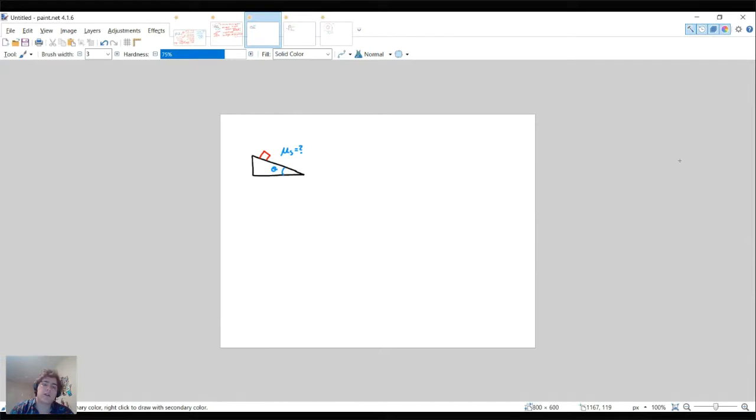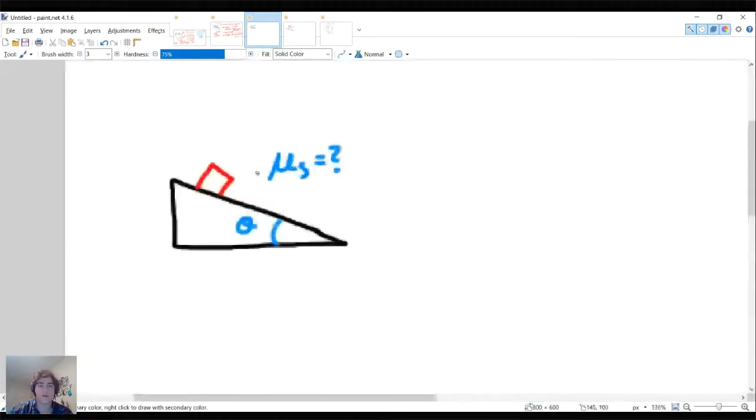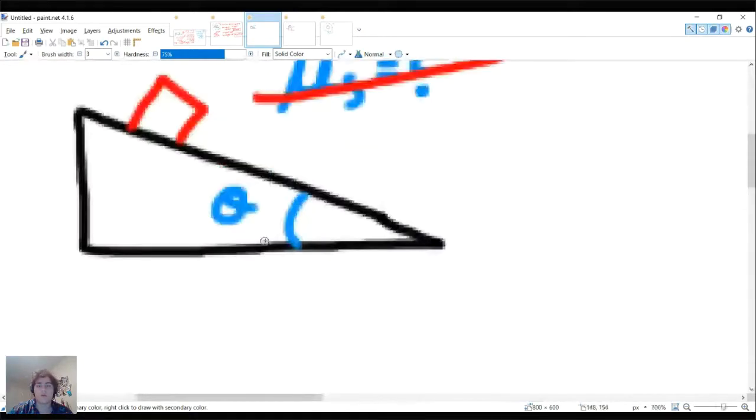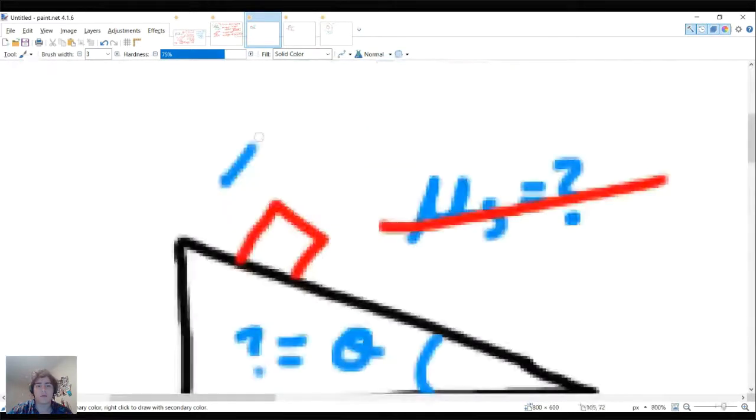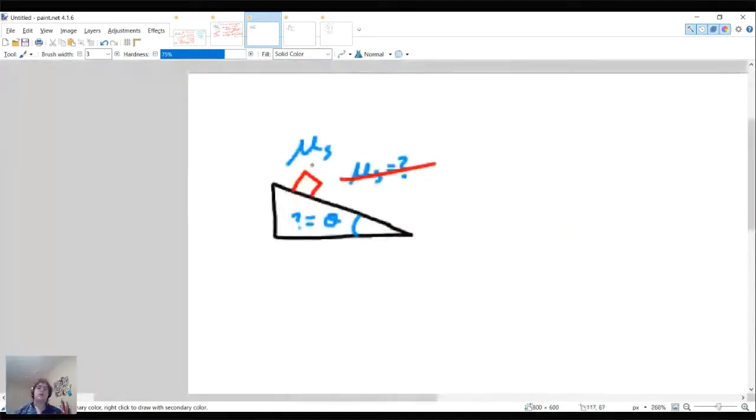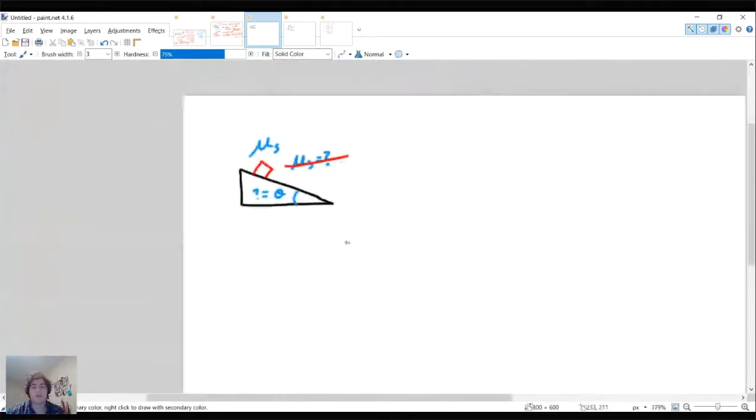You're trying to find at which angle, we don't know this, and we do know mu sub s, the block slips, or rather the maximum angle that the block won't slip. So this is, again, a free body diagram.